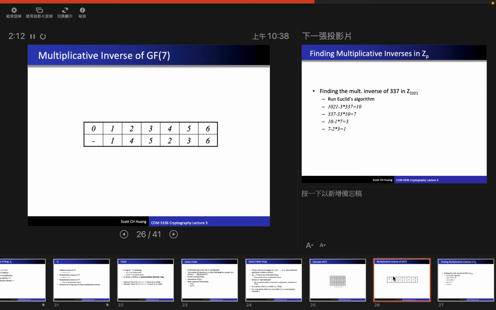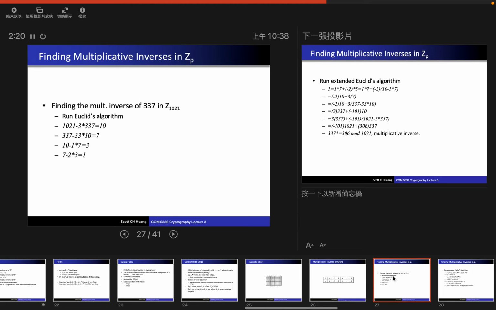Let's take a look at the algorithm. This is a really important algorithm called the extended Euclidean algorithm. Let me show you finding the multiplicative inverse in ZP. If this can be done, that means every element has an inverse.